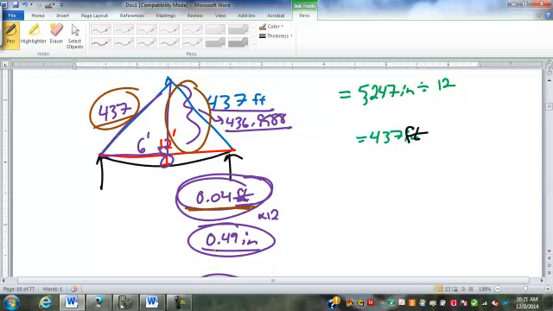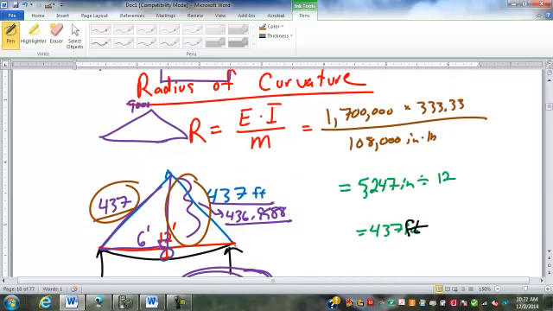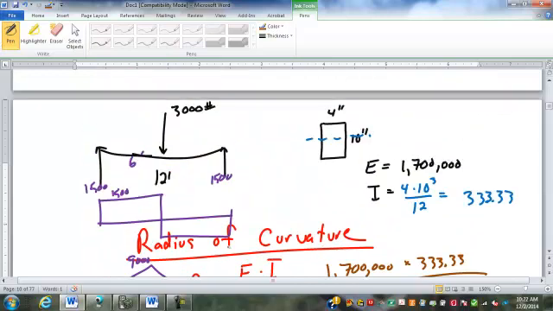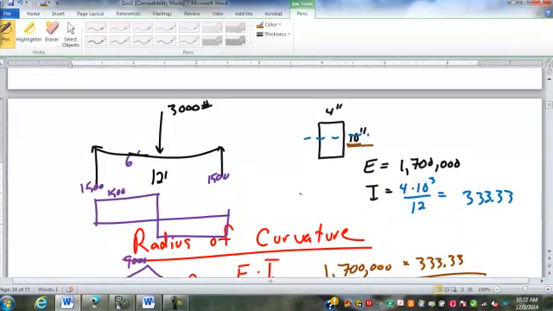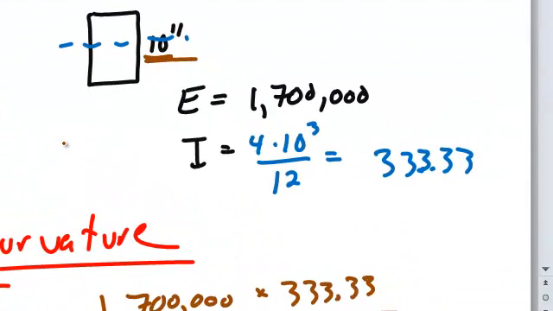So this is telling us that most likely the 10-inch deep beam is not enough here. We probably have to go 12 or 14 inches deep to make that work. This also does a great job of showing you the relationship between width and depth of a beam when it comes to deflection.